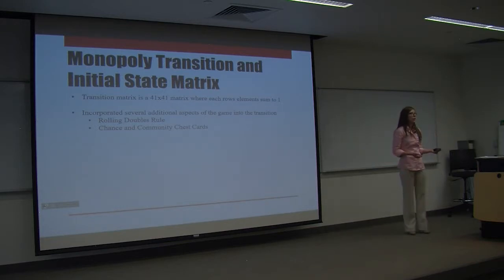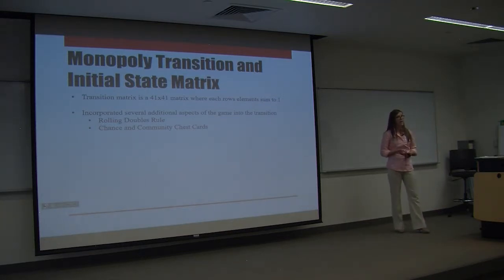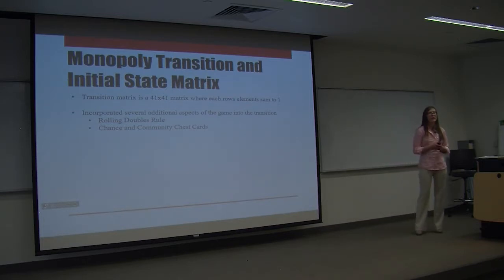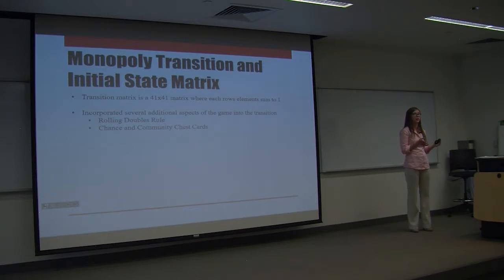Most of you who have played know that if you roll a pair of doubles, you have to roll again. If you roll 2 doubles in a row, you have to roll again. And if you roll 3 doubles in a row, you are sent to jail, the in-jail space. So I had to think of all of those different possible combinations, then the probability associated with each combination and where that combination could possibly send you.